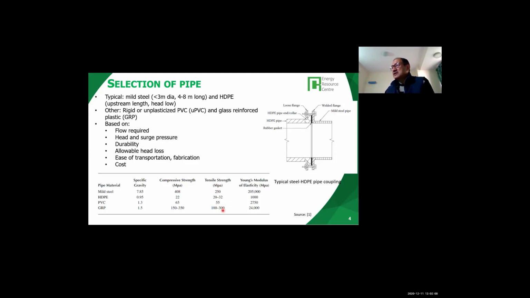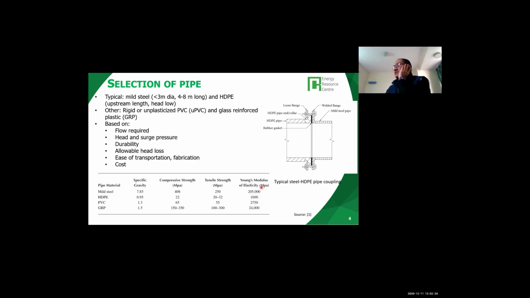And this is the Young's modulus of elasticity. Basically, the elasticity, the ductility sort of thing, is highest for PVC, sorry, in fact GRP, then mild steel, and the lowest for HDPE.